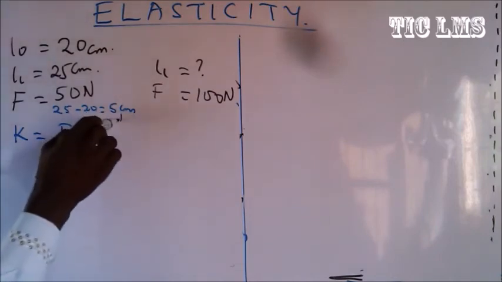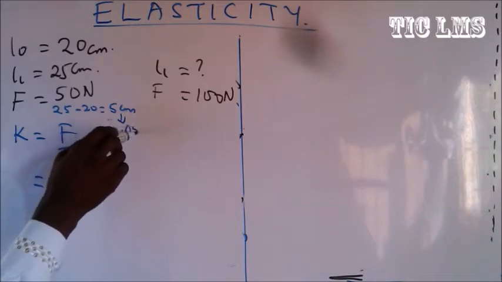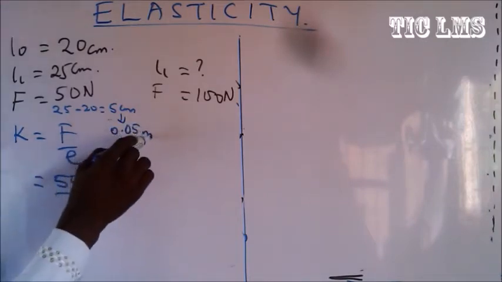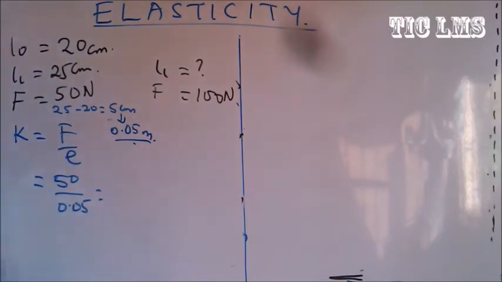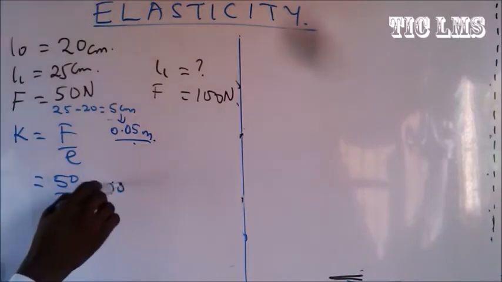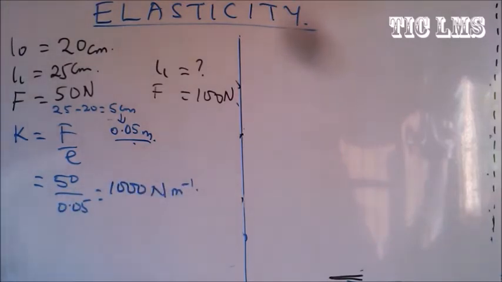So we'll divide by 100, that gives us 0.05 meter. 50 divided by 0.05 gives us 1000 Newton per meter. So we have our elastic constant.